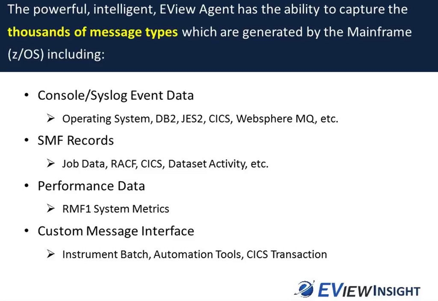There are a number of different ways this custom message interface can be used to send your own type of messages to Splunk. This allows you to get the data into Splunk using our agent interface and our transport technology, which makes sure that the data is successfully delivered over to the collector and then into Splunk.